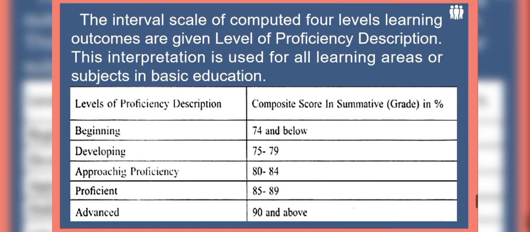This is how the curriculist or teacher measures the level of the students. In the composite and summative grade, 74 and below, 75 and above, that's how they rate the students' capacity to understand what is discussed, the topic that really interests the students.